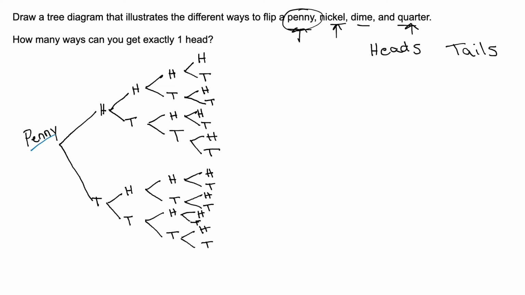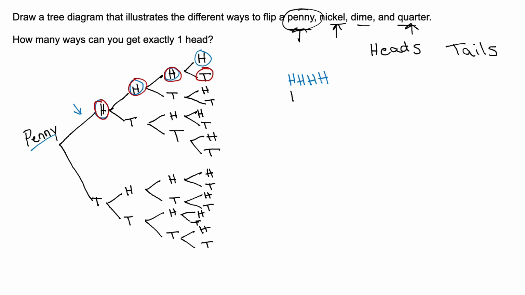First, we'll start at the penny, and I'm going to look at this branch, which is a head. So I can have heads, heads, heads, and heads. So that's one outcome. So H, H, H, H is a possible outcome. Next, I can have heads, heads, heads, or tails.